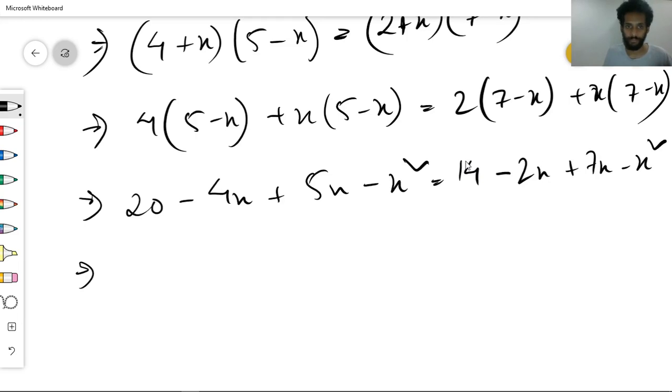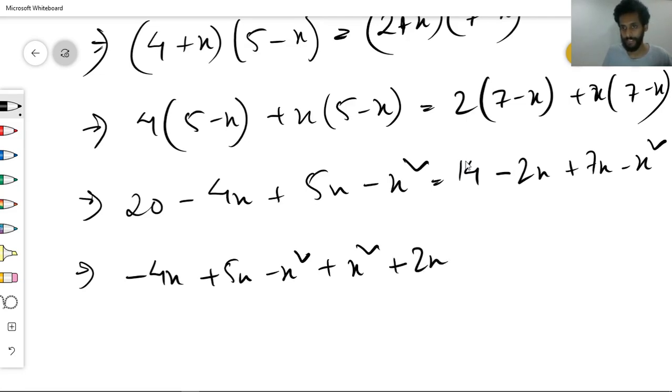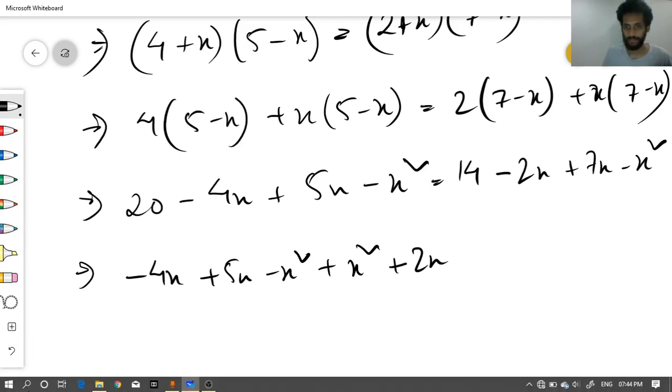So let's bring all the x square here. 4x is here, plus 5x is here, then minus x square is here, another x square is here, so let's bring this plus x square, then minus 2x is there, so it will be plus here, then minus 7x, after that is equal to, already 14 is there, this 20 will be going there, so it will be minus 20.